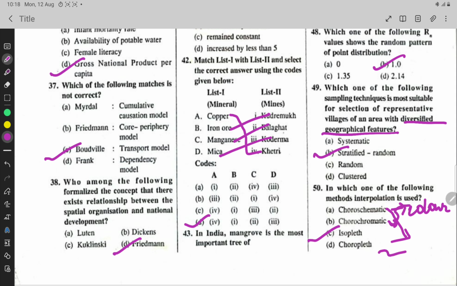A line is used for depicting river. Patches are used to depict different kinds of soils, etc. And choropleth is a technique in which shading or patterns are used.